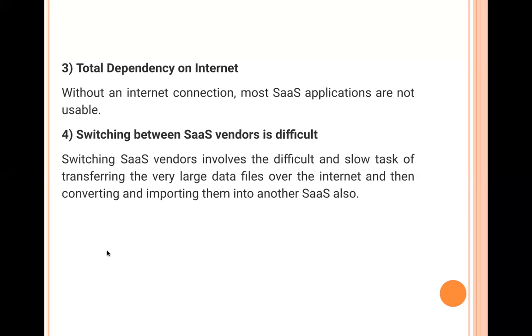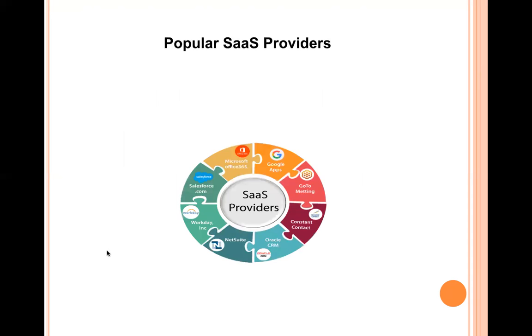Transferring very large files over the internet is required when switching between SaaS vendors, and this task will be very slow because the files are large. That's why it is very difficult to convert from one SaaS provider to another. So these are all the disadvantages of SaaS.